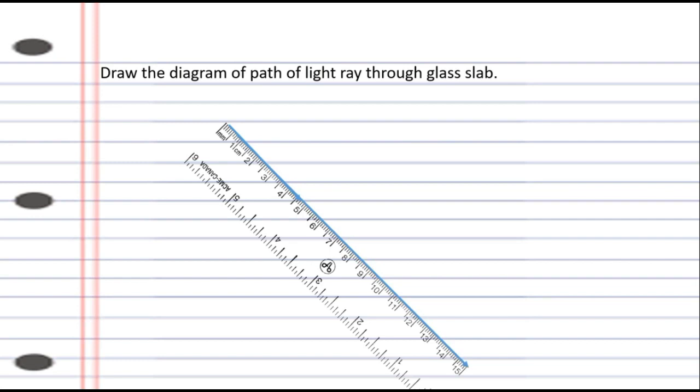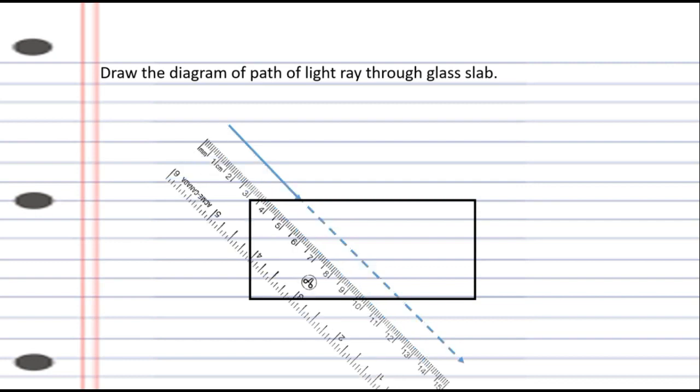But now we are keeping a glass slab in between and making the light strike on the glass slab. Right? Now what I do, and you all should do, is indicate the direction of that light ray. And how will you do that? You have to show it as a dotted line. Don't draw a straight line there.